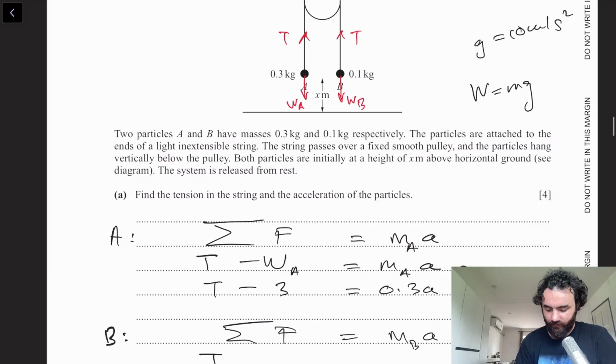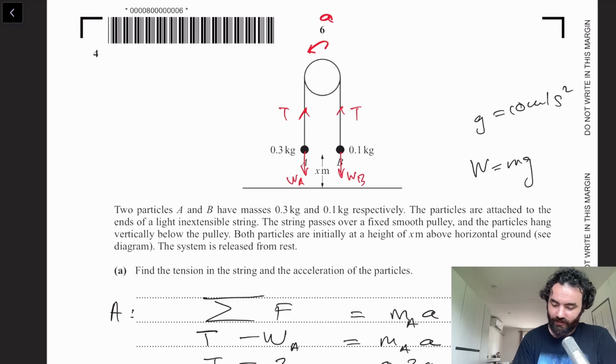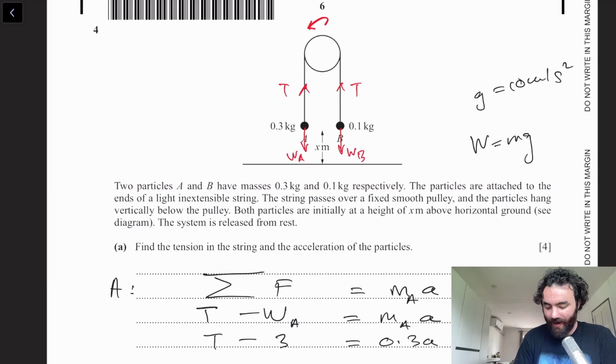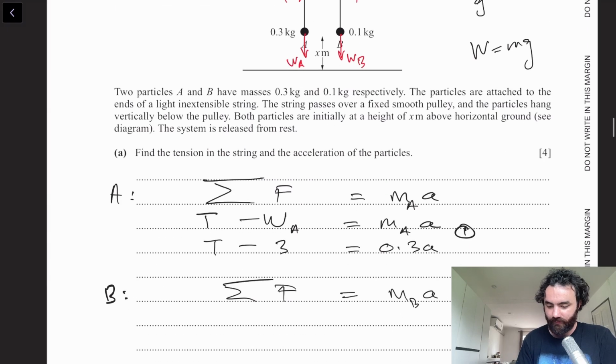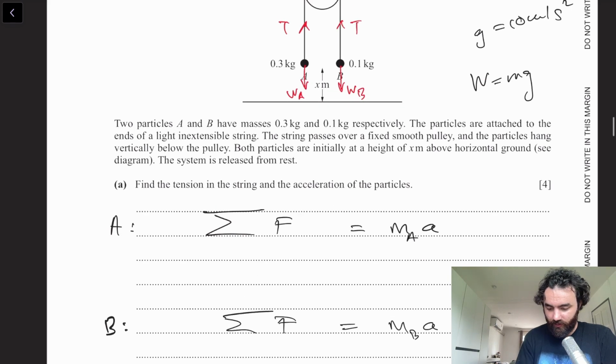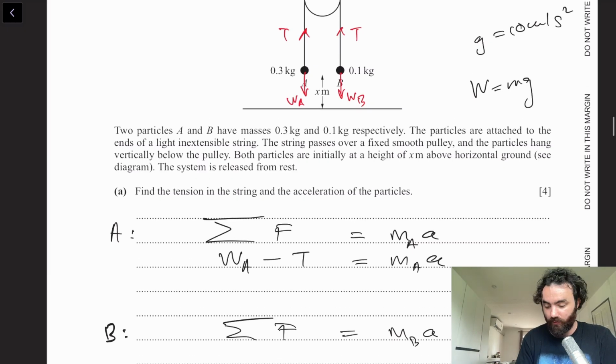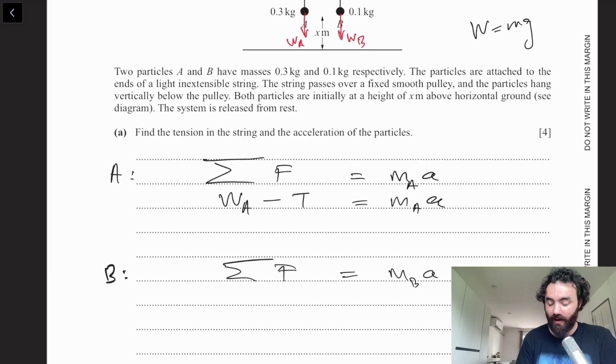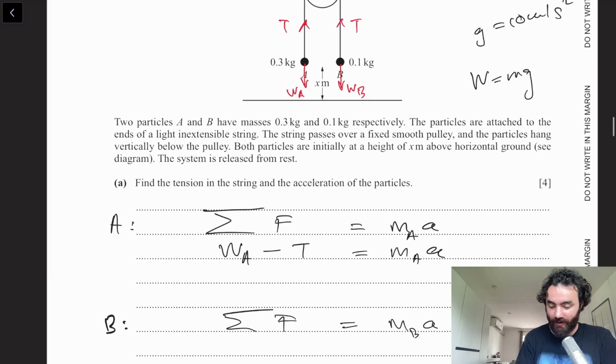If I'm being clear here, because this is going to be moving counterclockwise, that means this weight is greater than this tension. So this should actually be the weight of A minus T equals MA, because I'm assuming A is positive, the direction is positive. So you have to care about the direction. Because it's moving this way, the weight force is greater than the tension force.